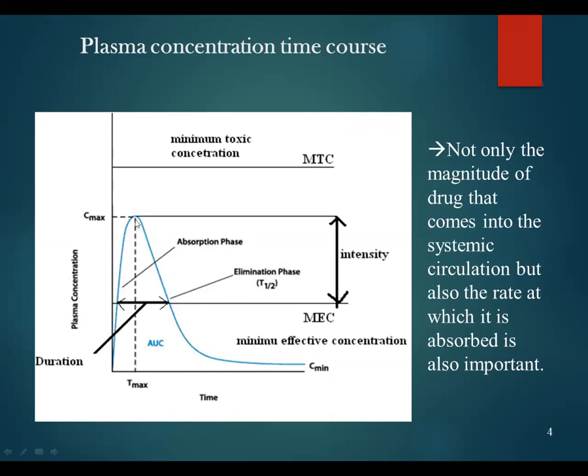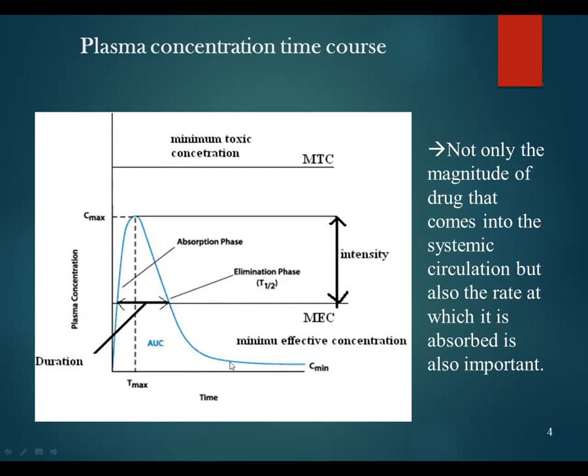Tmax and Cmax are pharmacokinetic parameters, something to do with time, all called kinetic parameters. Even the T half, which we calculate from the straight line of the elimination phase, based on the slope value, is also a kinetic parameter. So the plasma concentration time curve gives us a lot of information, both kinetic and pharmacodynamic.